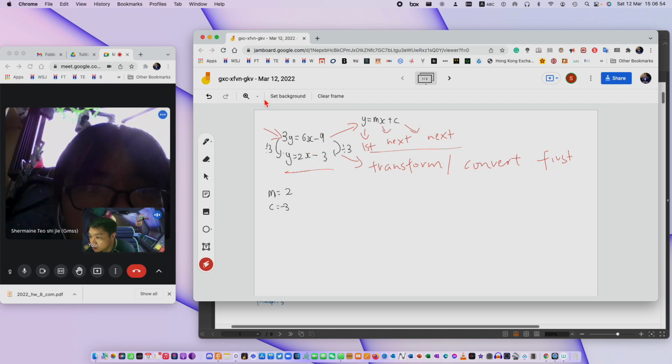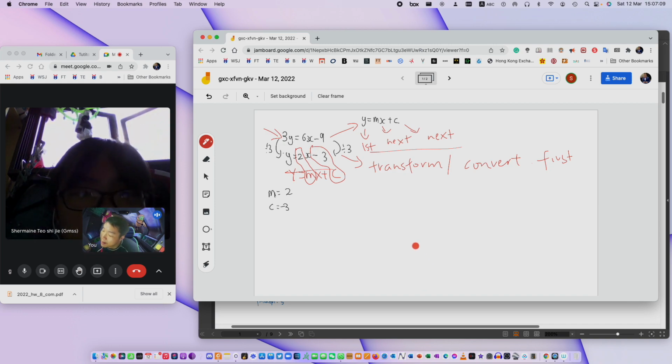For this question, you are supposed to write the mx plus c below. M is equal to 2 and c is equal to negative 3. You can do this with a pencil to help yourself, to avoid making mistakes like skipping the negative sign.